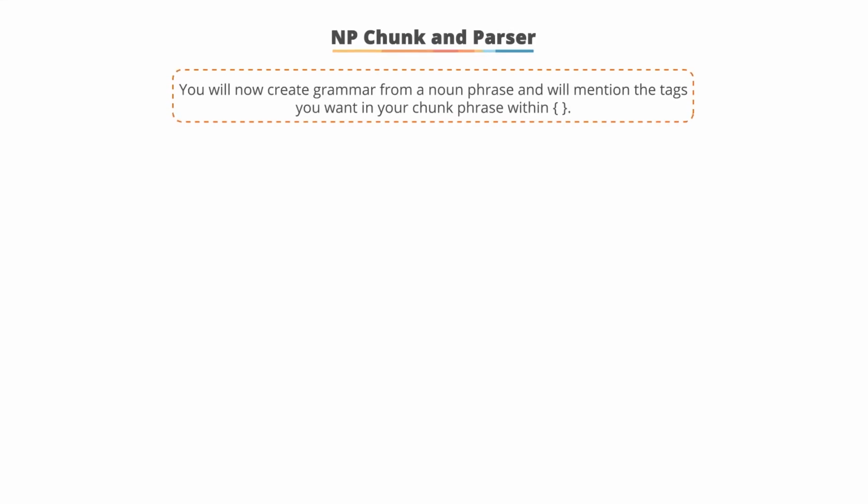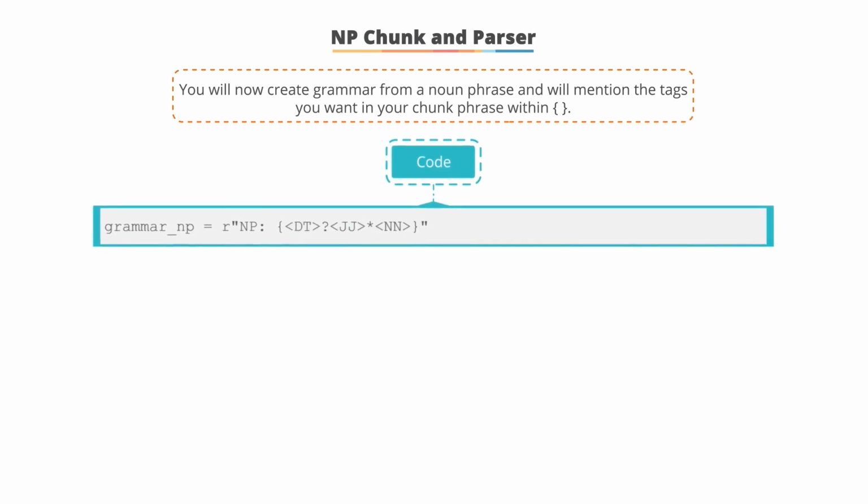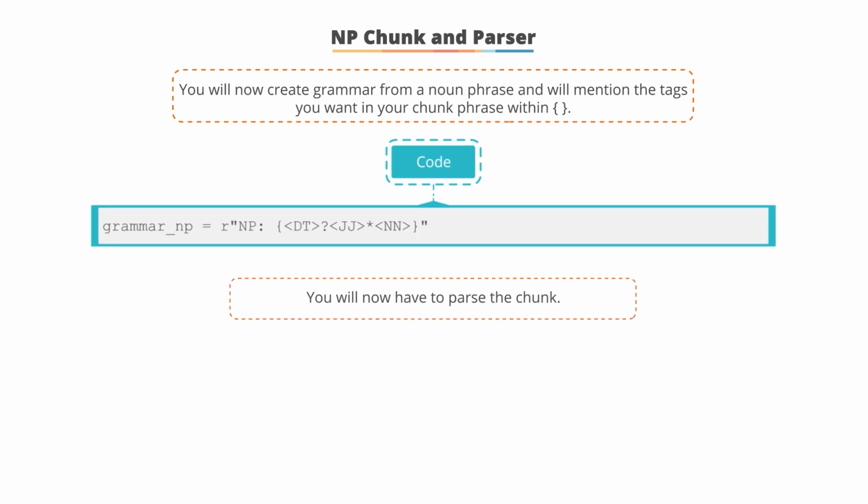Chunking, NP chunk and parser. You will now create grammar from a noun phrase and will mention the tags you want in your chunk phrase within the function. Here you have created a regular expression matching the string. The given regular expression indicates an optional determiner followed by an optional number of adjectives followed by a noun. You will now have to parse the chunk.